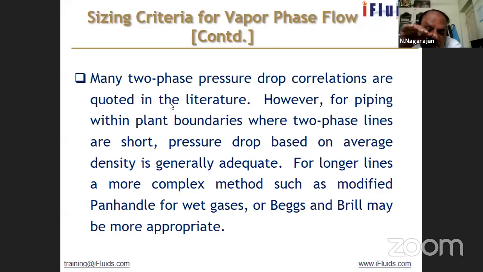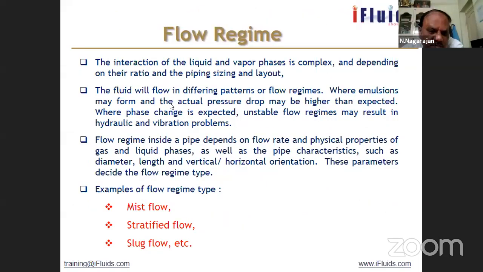There are also some correlations developed by scientists like Beggs and Brill, which may be more useful. And flow regime: when there is a mixed flow, it can flow in different patterns. That is called flow regime. The interaction of the liquid and vapor phases is complex and depends on the ratio, the piping size and layout. So flow regime is still a complex subject.